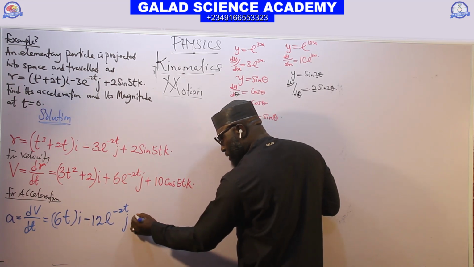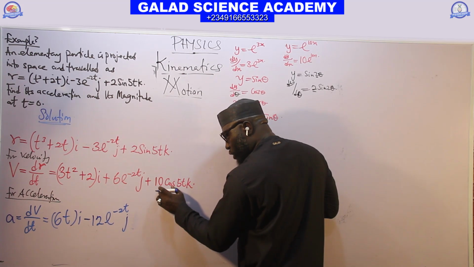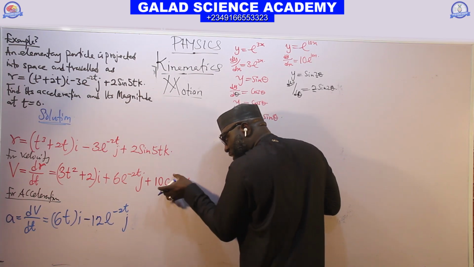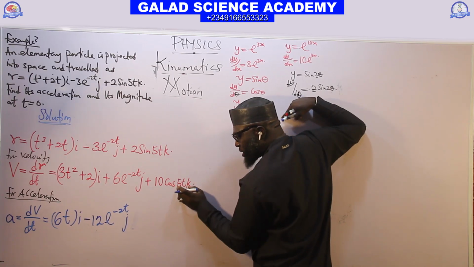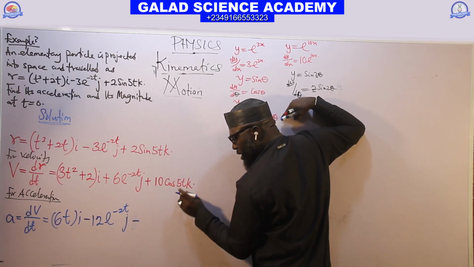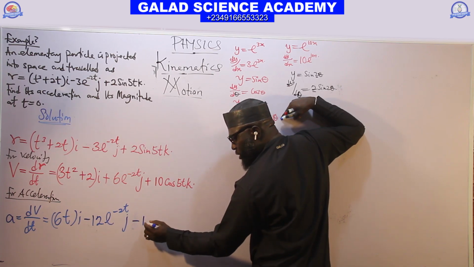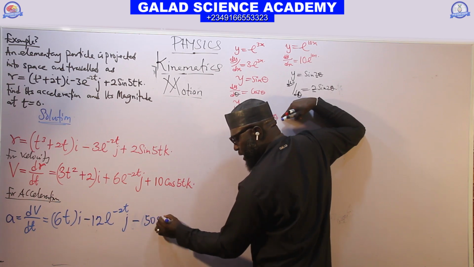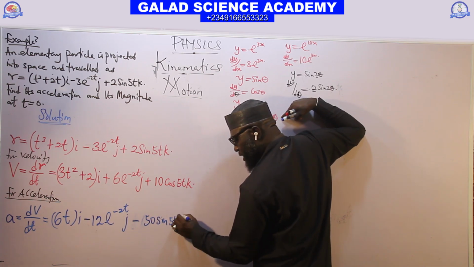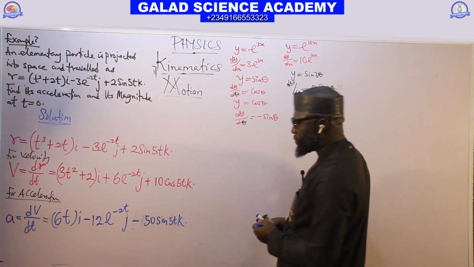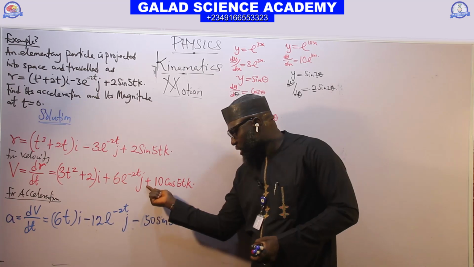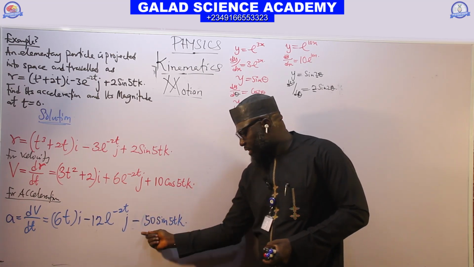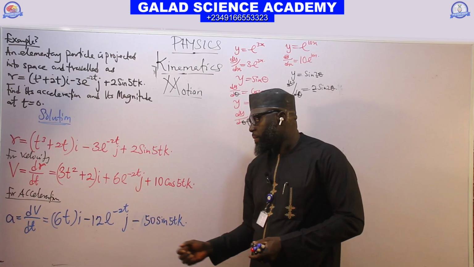Here plus, we have this cos. Differentiating cos gives us minus sine. So the minus, we have minus 5 times 10 gives us 50 sine 5tk. The derivative of cos is minus sine. Now we have here.